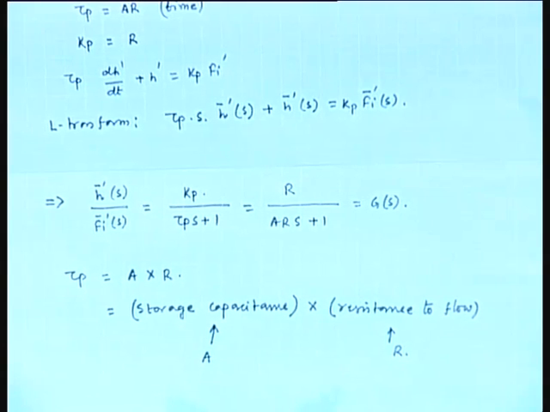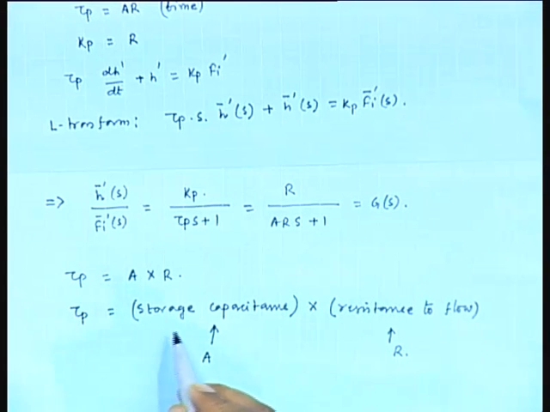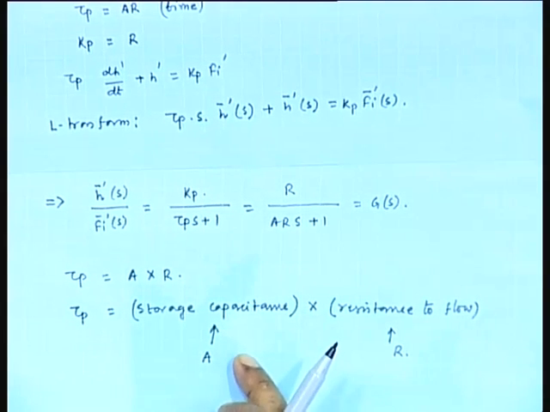If we consider an example modeled by only energy balance equation, in that case also we can write this time constant tau p equal to storage capacitance multiplied by resistance to heat. Then in that case this is the capacity to store energy, not mass.